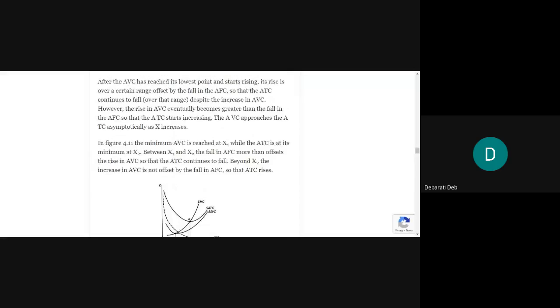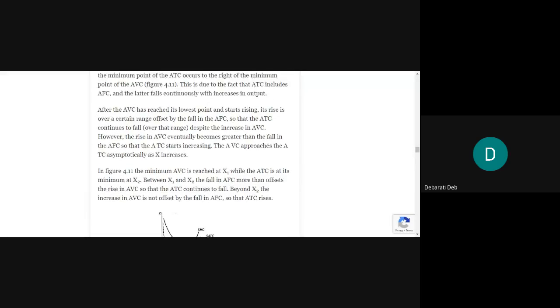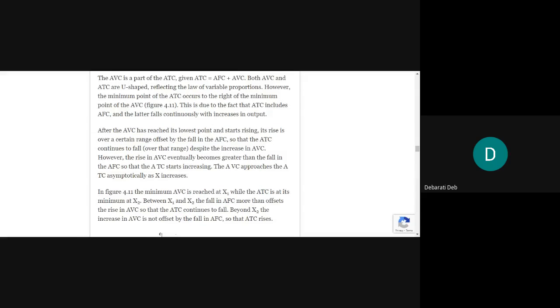You will have to draw in such a way that the minimum point of the ATC, that is the average total cost curve, occurs to the right of the minimum point of the AVC. Yesterday's discussion, what did it say?